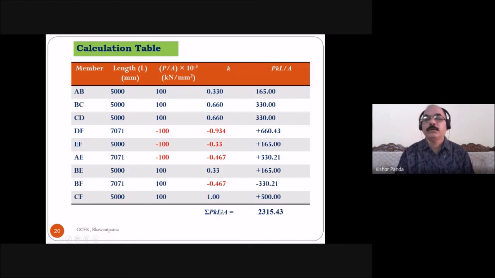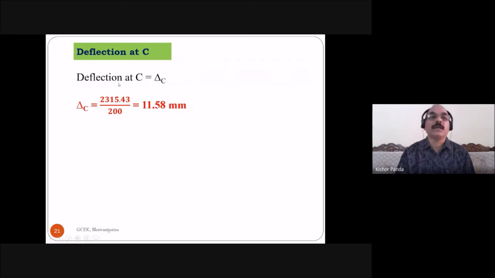So this is 2315.43. This is the summation of PKL by A. Then after knowing this summation, you can find out the deflection at the point C. Deflection at C, delta C, is equal to 2315.43 divided by the modulus of elasticity.